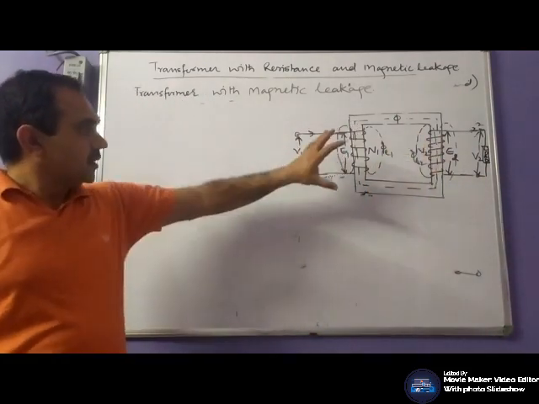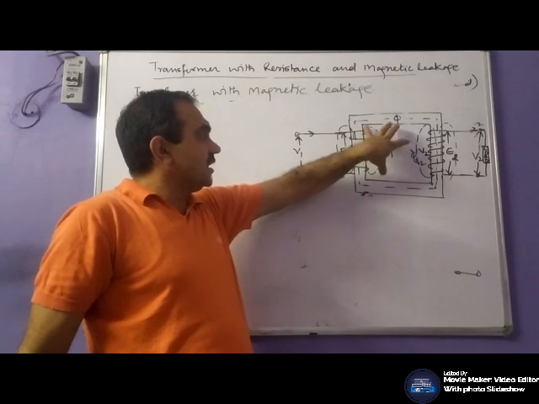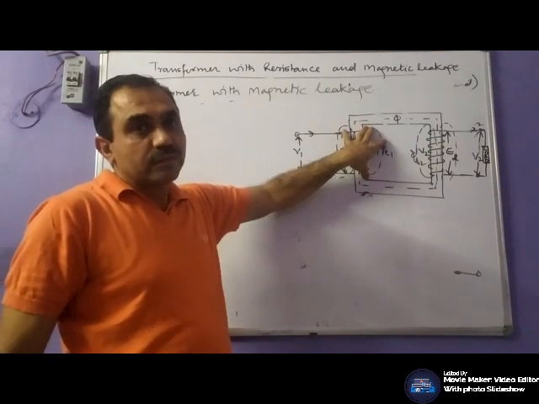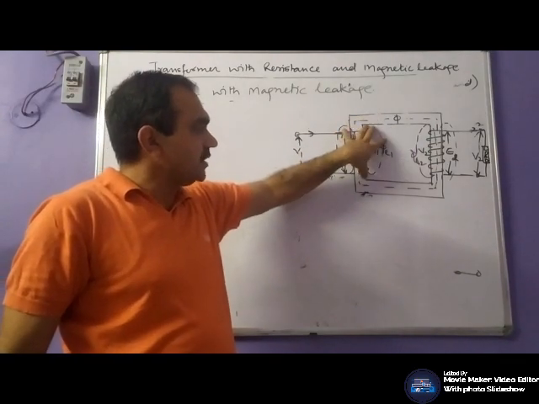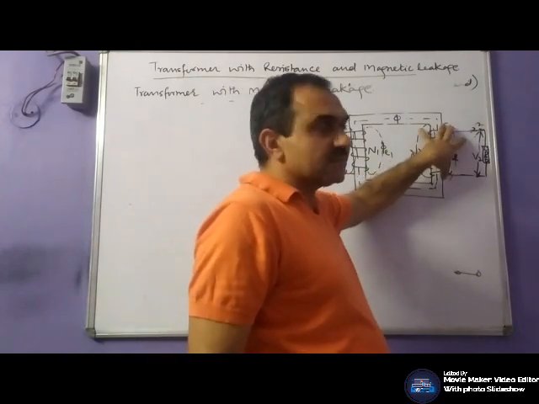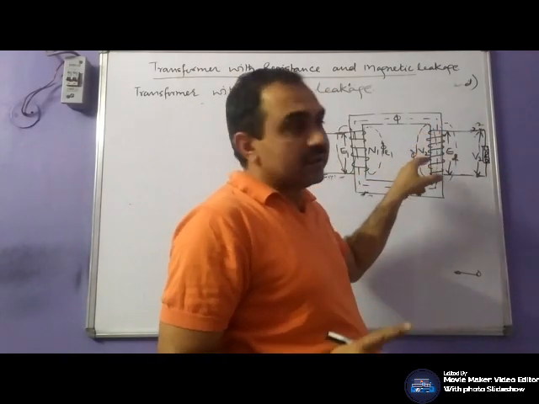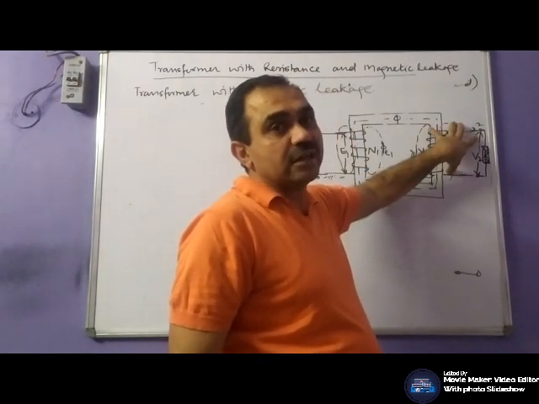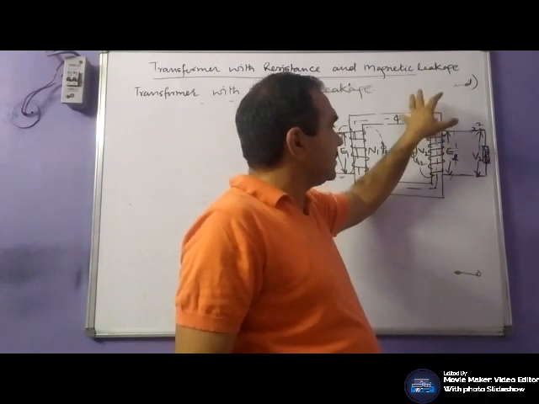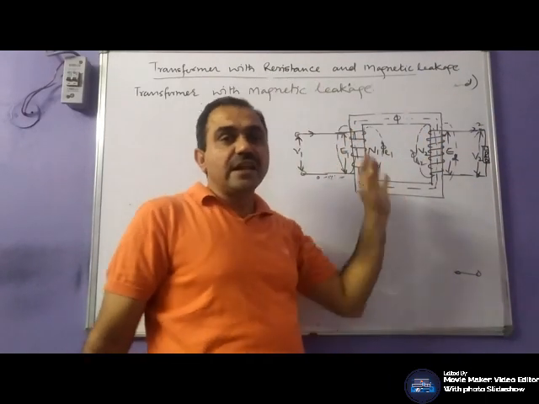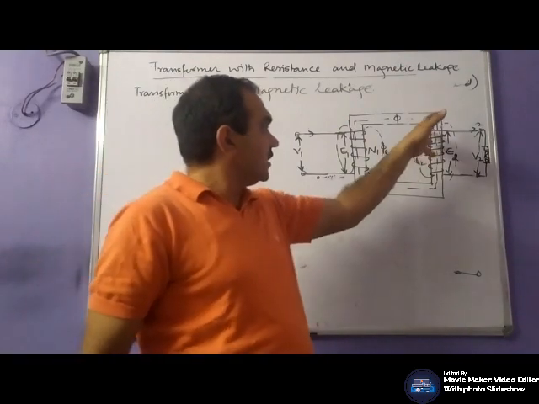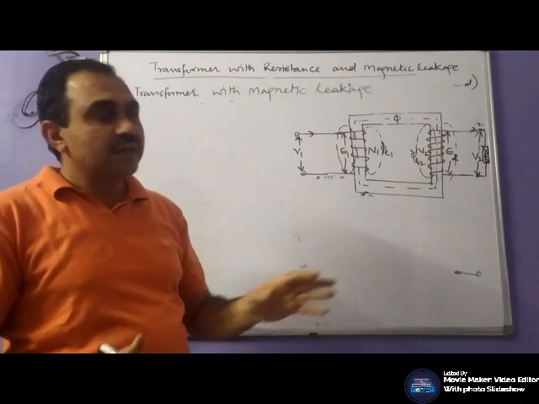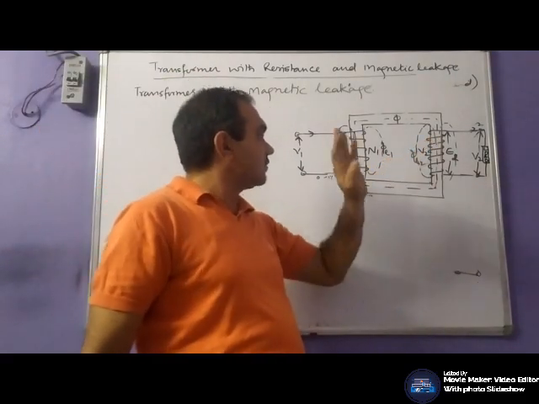This leakage flux phi L1 is due to the ampere-turn balance, or magnetic force, on the primary side, whereas phi L2 is due to the magnetic force on the secondary side. On the secondary side, some flux is established in the core which creates the demagnetizing effect, whereas some does not pass through the core but through air. That flux is known as leakage flux.